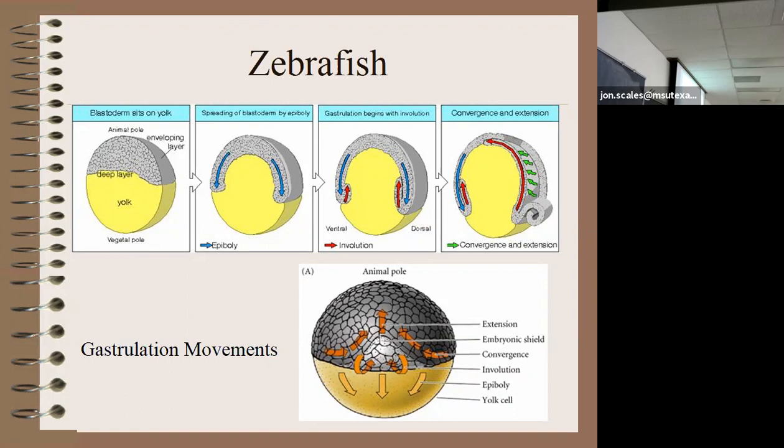Your gastrulation movements are similar, except you don't have these cells. This is not cells. This is just yolk. It's just inside a membrane, but it's not like the endoderm cells were. So it's not cellularized. The only cells are in that layer around the top, kind of the main difference.